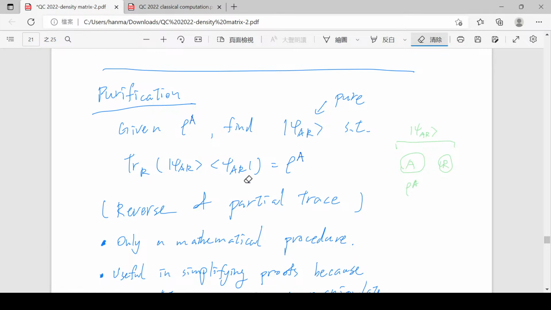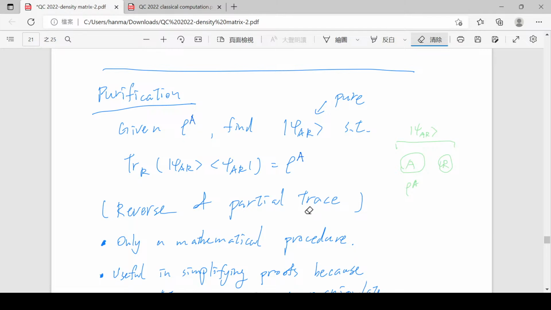You want to find some psi_AR that you partial trace on R, and you will get rho_A. And I guess the hard part here is psi_AR needs to be pure.